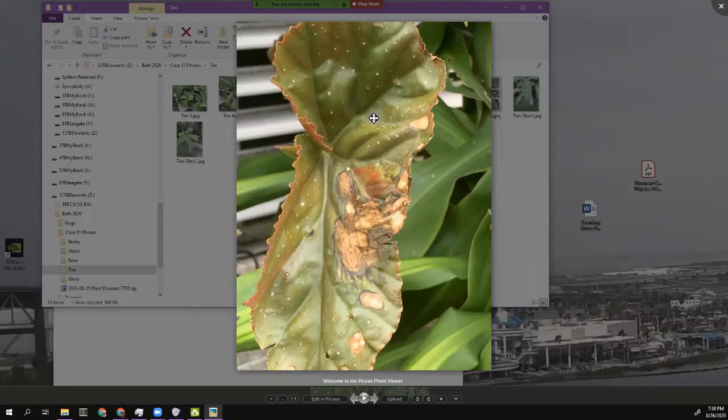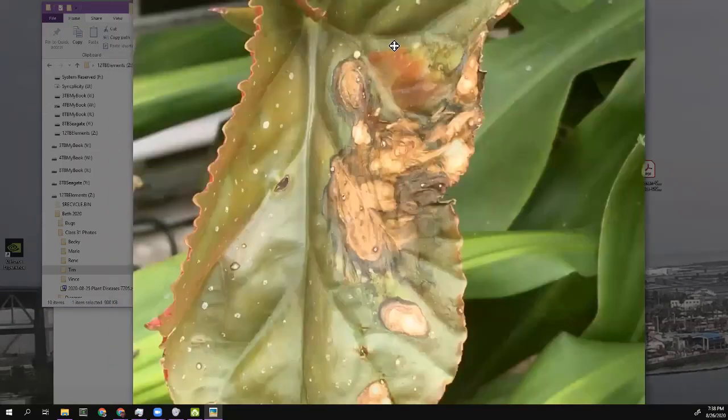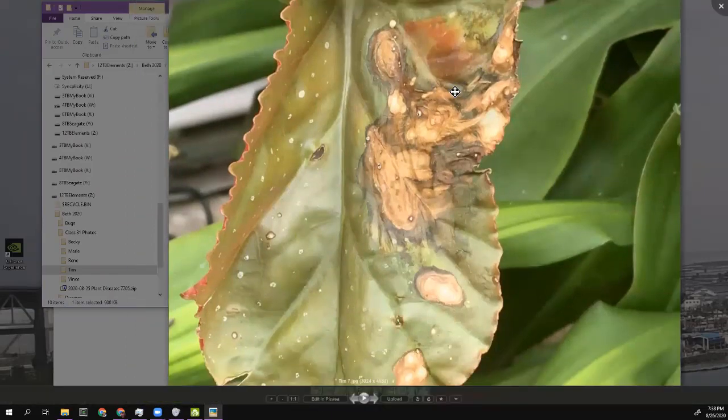Oh, angel wing begonia. Absolutely. My gut feeling is this is sunburn, because they like indirect light. Yeah, lots of shade. But I can't rule out a bacterial disease.